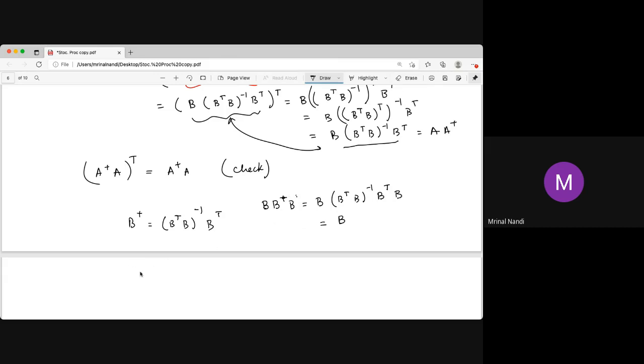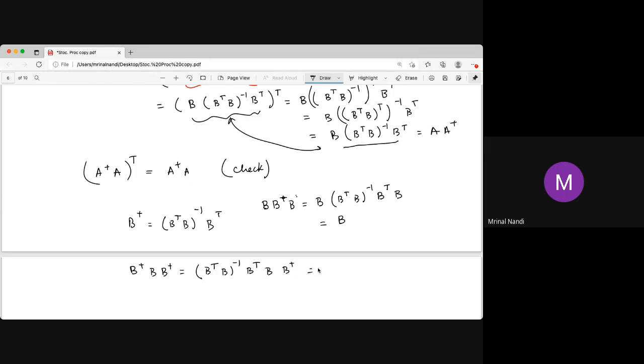Similarly, you can check that B plus B B plus is B plus. This is (B transpose B) whole inverse B transpose, then B plus, and this part is identity.